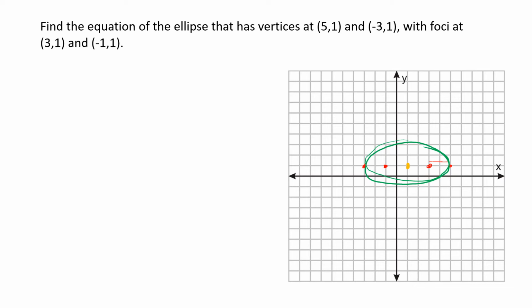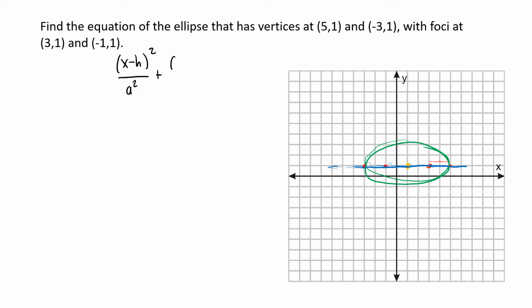So this is the major axis, okay? All of those points are on the major axis, and in the middle of there, that point is obviously 1, 1. That is the center of this ellipse, h, k. So remember, we have the h, k form, or the conic form of an ellipse, is this.